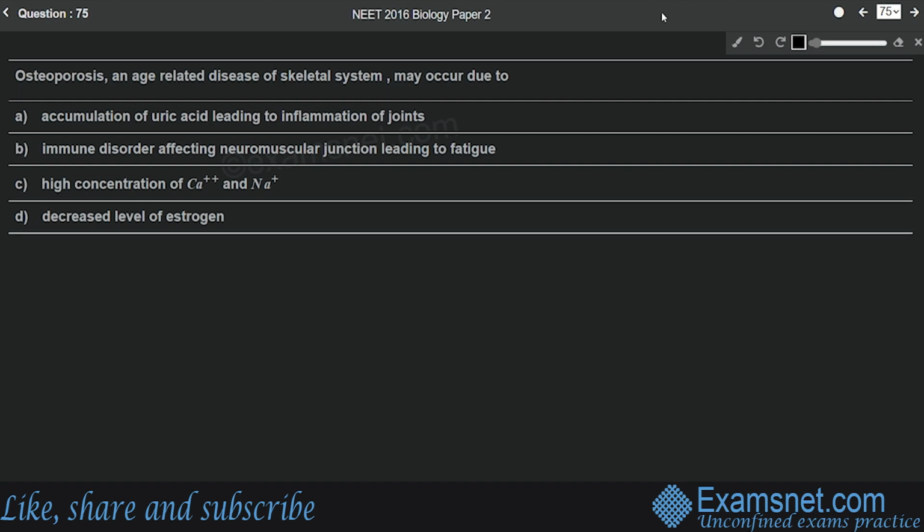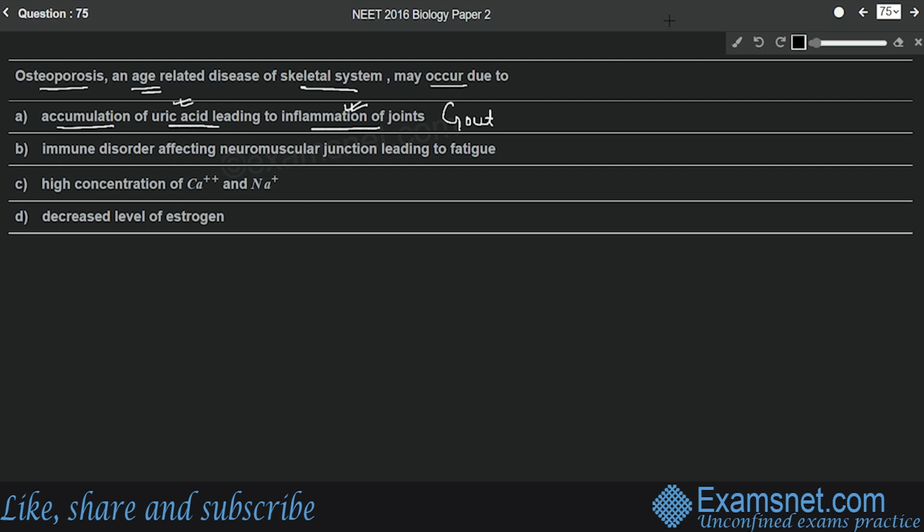Question number 75 is from the chapter Locomotion and Movement, and the question is osteoporosis, an age-related disease of skeletal system, may occur due to option A, accumulation of uric acid leading to inflammation of joints. This is about the disease known as gout, not osteoporosis. In case of gout, there is inflammation of joints due to the accumulation of uric acid crystals.